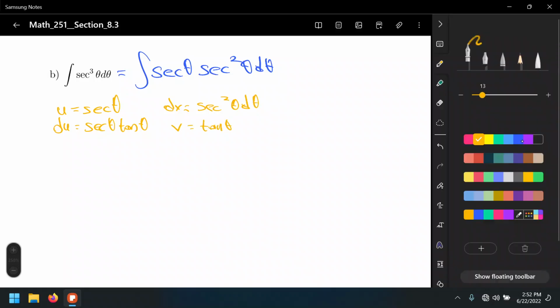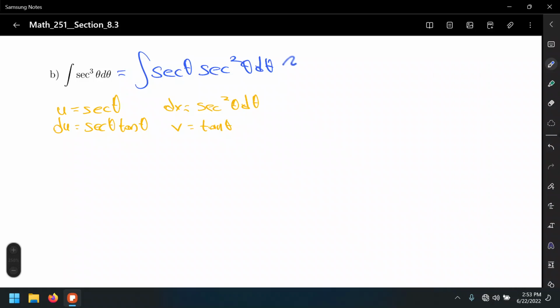That means go back to the original problem. Use the integration by parts formula, u times v, which is secant tangent, minus the integral of v, which is tangent, du, which is secant tangent. All right.